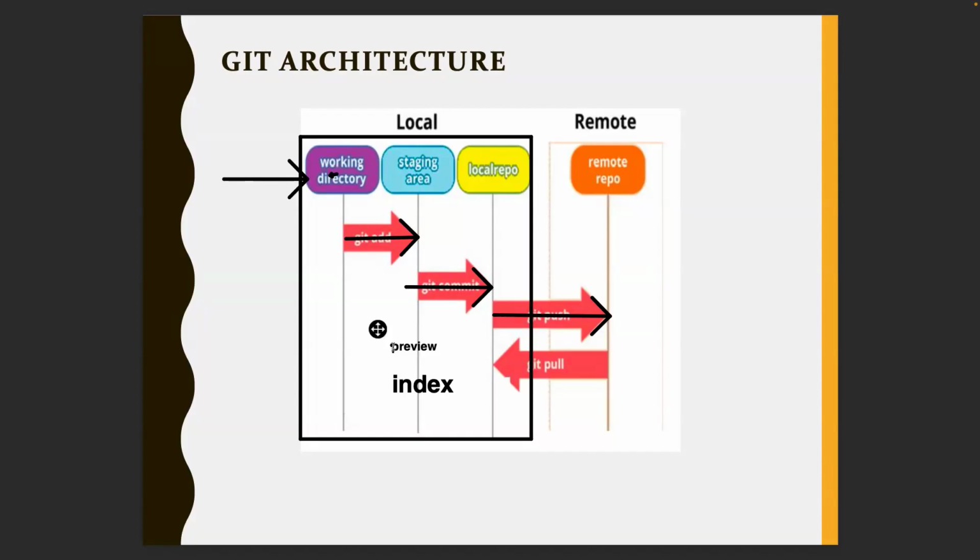For example, suppose you have 10 files in your working directory and you want to move only 5 files to local. That can be taken care of by the staging area. It tells you what changes go to local. You put only those 5 files into the staging area. That's how you can have better control over what changes are going into the local repository.